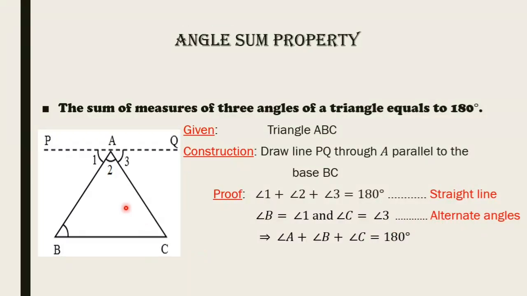Now if you substitute the values of angle 1 and angle 3 by angle B and angle C respectively, then we get angle A plus angle B plus angle C is equal to 180 degrees. So this is how it's proved that the sum of measures of three angles of a triangle equals 180 degrees.